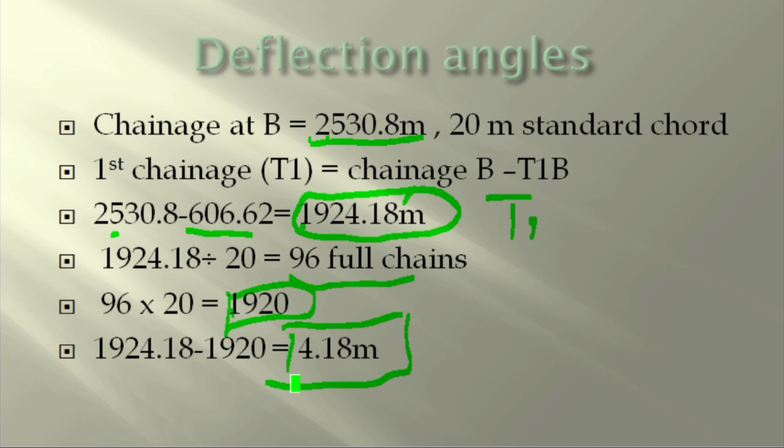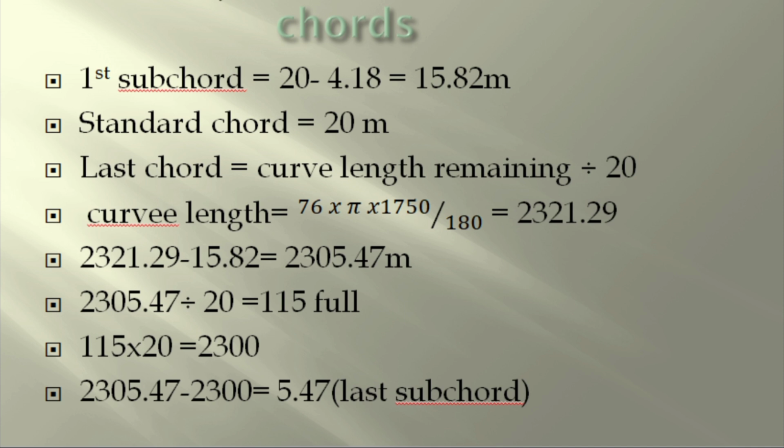That means for the first chord, I'll have to subtract that distance remaining from 20. So my C1, the first subchord, will be 15.8 meters. Then the standard chords remain as usual, the full chords, equal to the 20 meter chain.